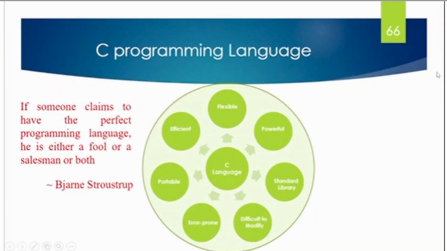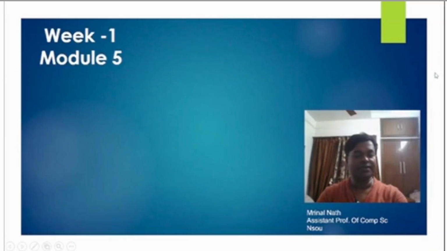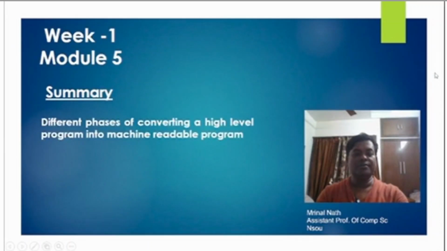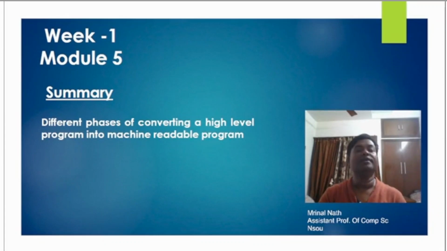Now, before we leave, let us summarize our discussion for this module. So we have discussed different phases of converting a high-level code into a machine-readable program. We have seen different pre-built programs like compiler, assembler, linker, loader, all working together and actually creating the final executable code.